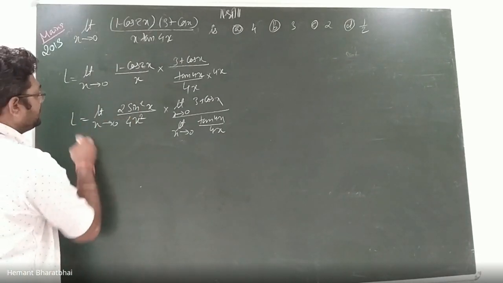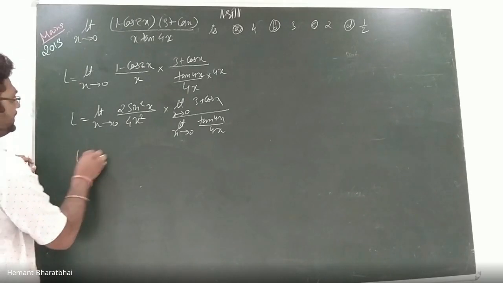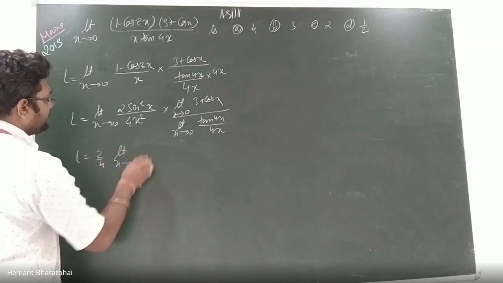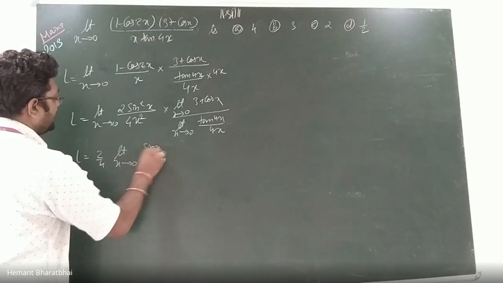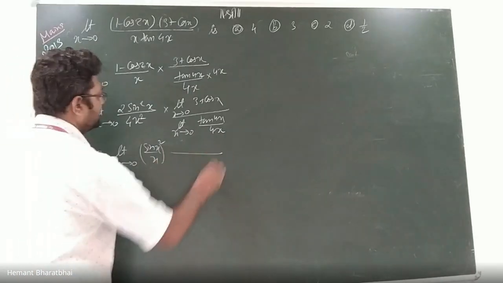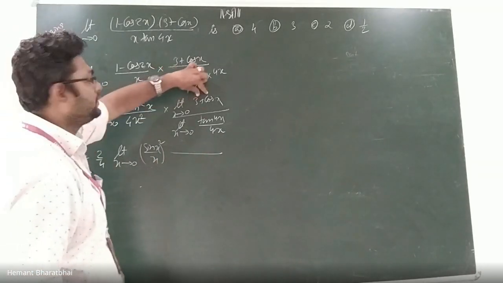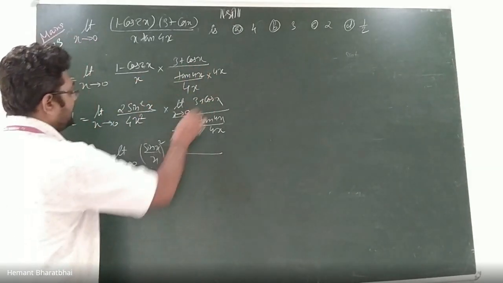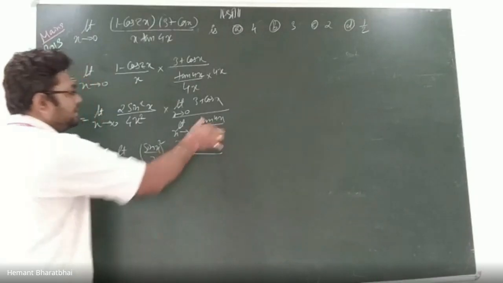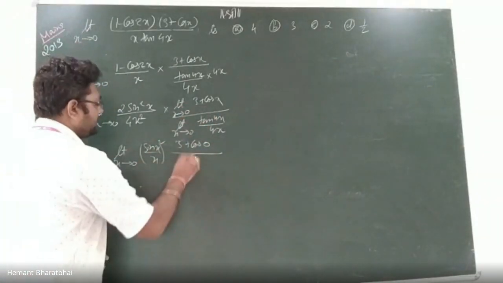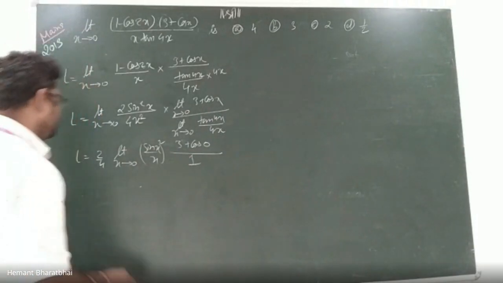So this 2 by 4, this is constant, it will go outside. So this will become limit of x tends to 0, (sin of x by x) whole square. Similarly here, if I apply the limit, I'm not going to get infinity, so I'll not worry, I'll directly apply the limit, so this will become 3 plus cos of 0. And here, tan of x by x is 1, so this limit is giving me the value 1.